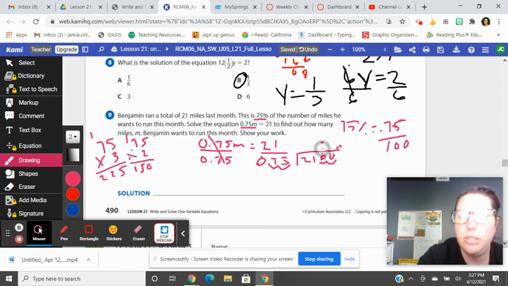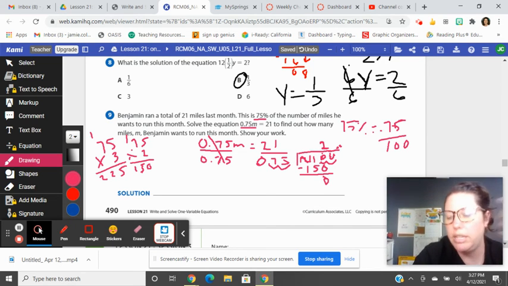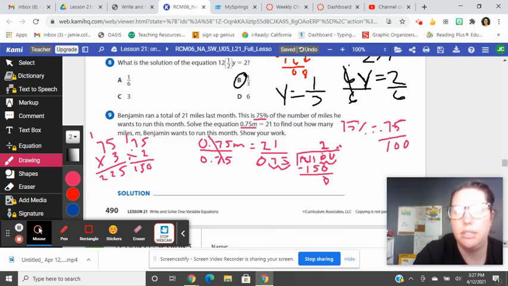So 2 times, and that's going to be 150. And I'm going to subtract. And I get 0 here. 11 minus 5 is 6. And I'm going to bring down my last 0.